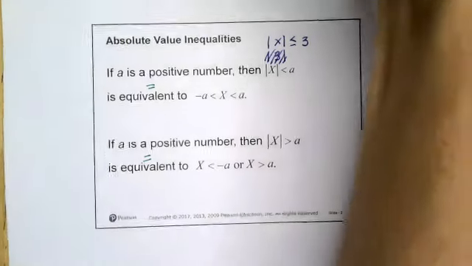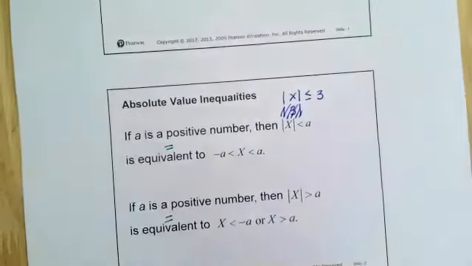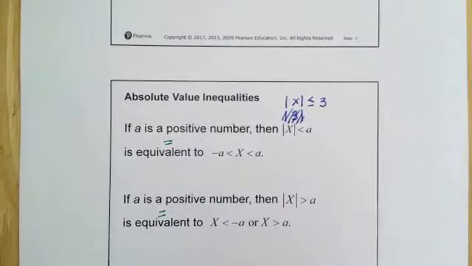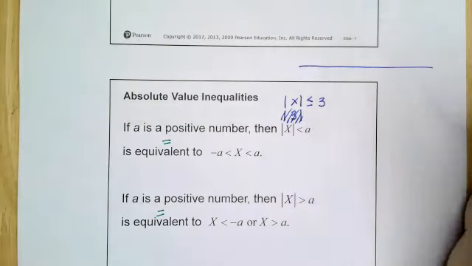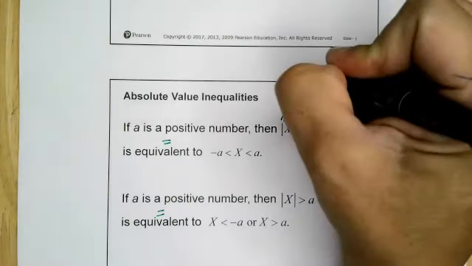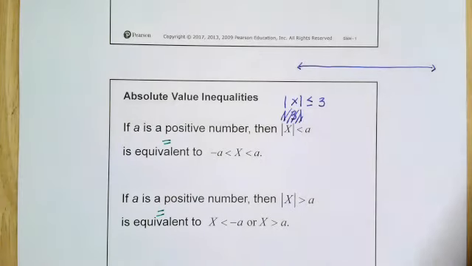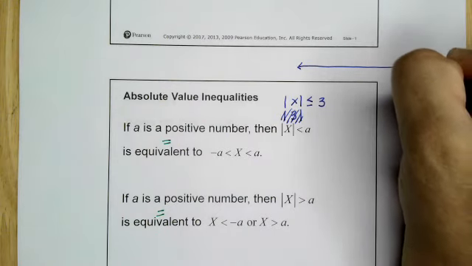Maybe think about a number line that could represent this. The absolute value of x is smaller than 3.